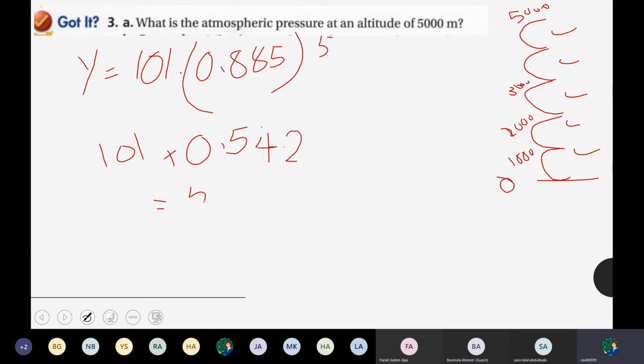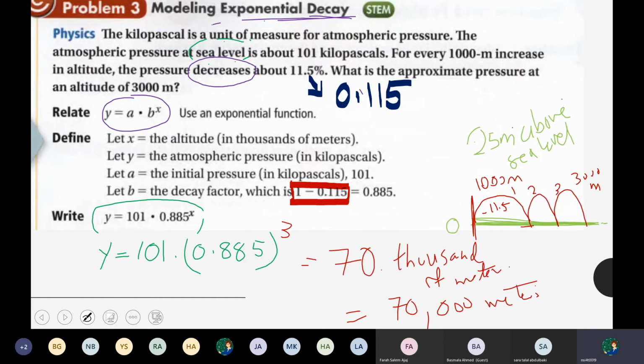It will be 54.8. I'm sorry, the unit here is kilopascal, not thousands of meters.